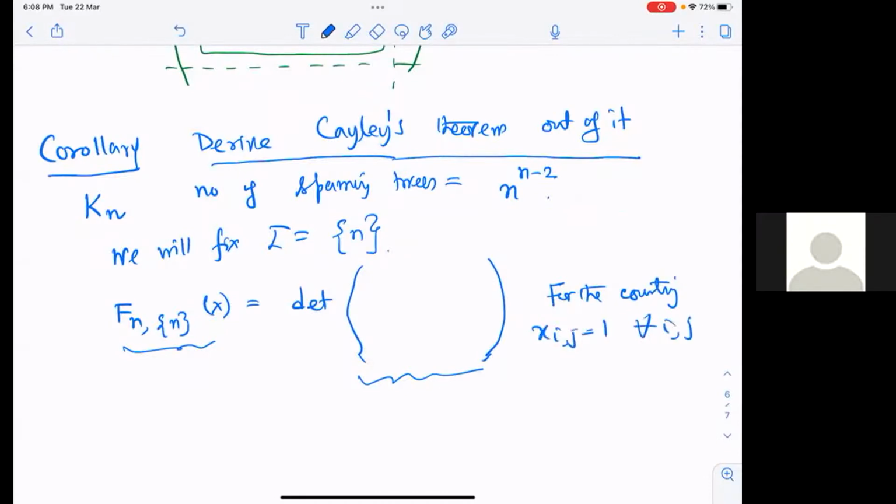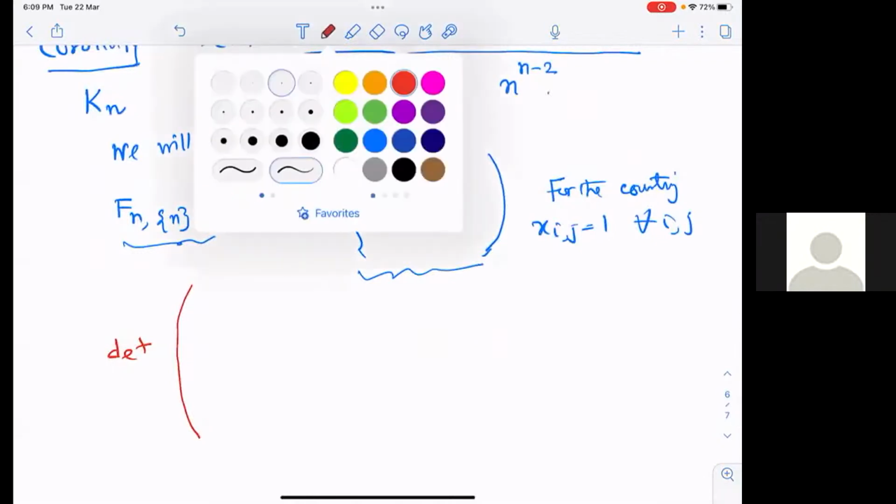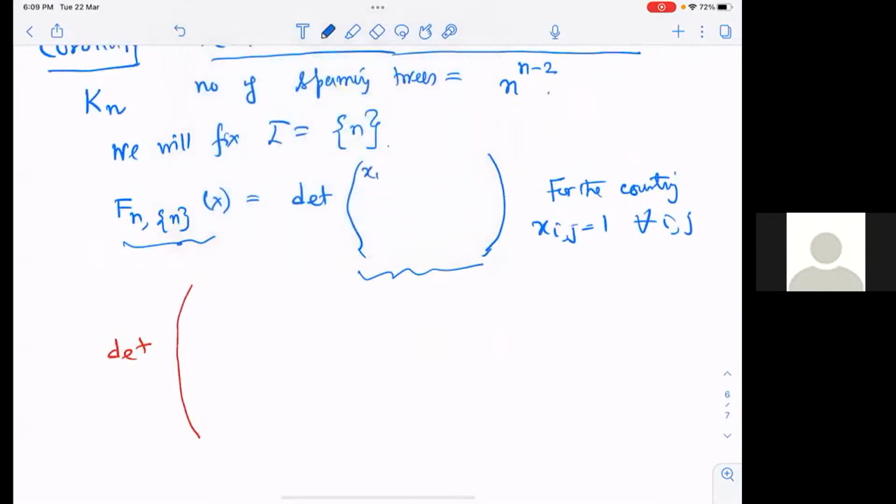So if you put that, then just inspect the determinant. Symbolically what was there? This is x_12 plus x_1n, and I'm not writing it again and again.